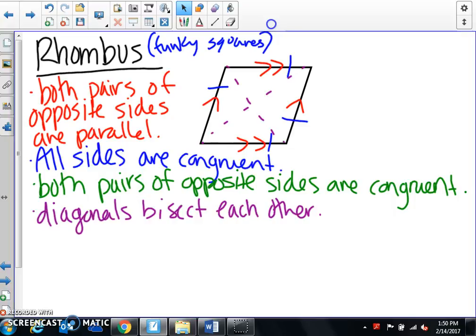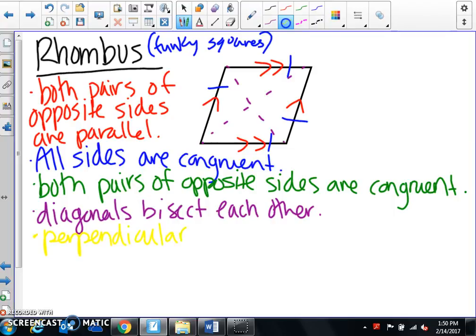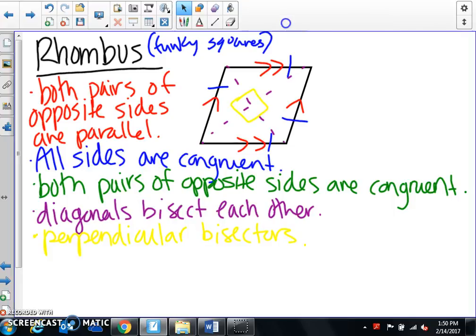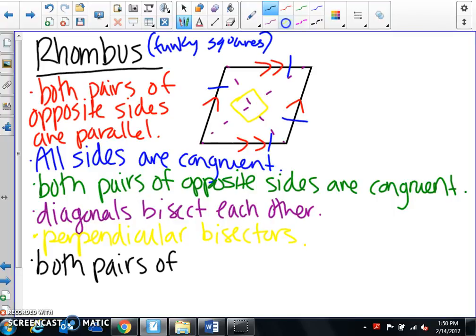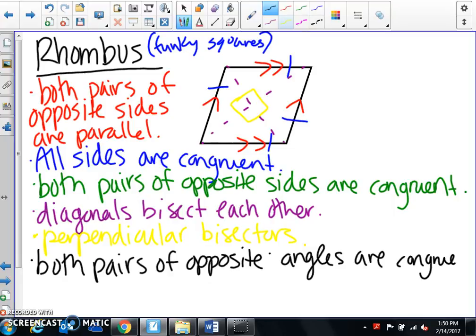The diagonals are perpendicular, so perpendicular bisectors. So remember, it's a square within a square, so a rhombus is just a funky square. And then last but not least, both pairs of opposite angles are congruent. Now these are not right angles, right? But this angle is congruent to that one, and this one is congruent to that one.